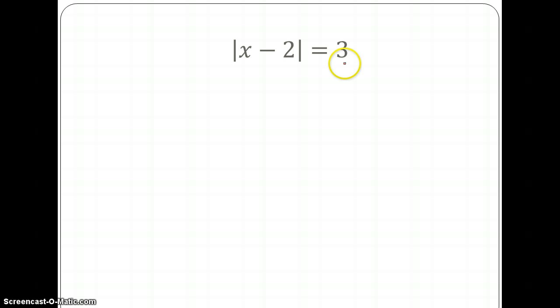What is going to give me an absolute value of 3? Well, 5 minus 2 is obviously going to equal positive 3. But you could also get this to equal negative 3, and that would work out also. So how would you get it to be negative 3? Well, negative 1 minus 2 equals negative 3.